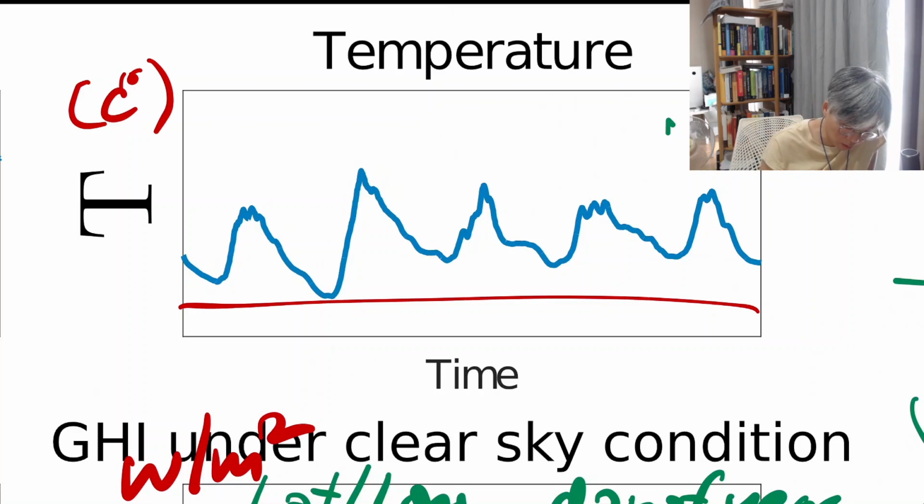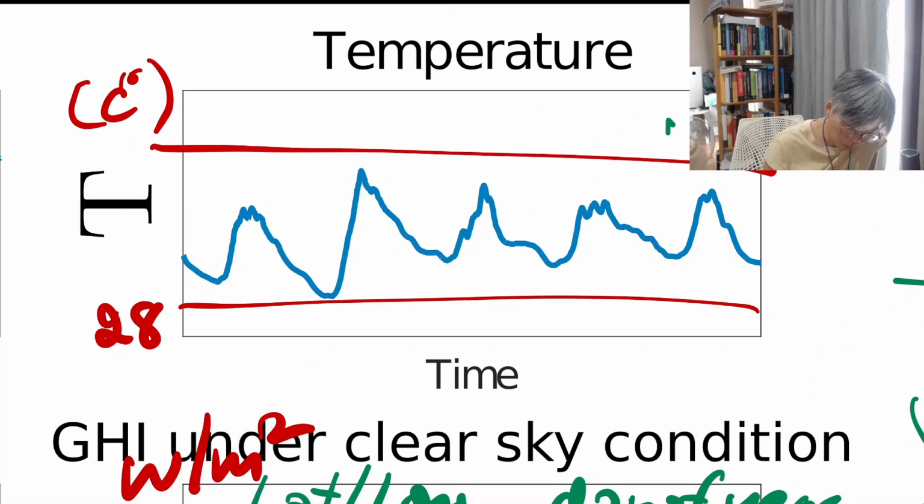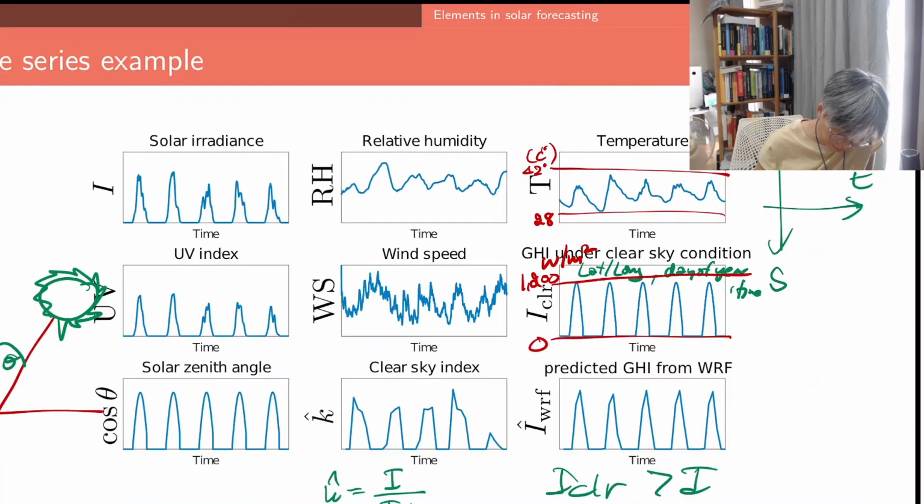Like in Bangkok, we have 20 something, like maybe 28, as the minimum range, and we can hit 40 something. This is some example in Bangkok. And of course, for other locations in Thailand, in the northern part, the temperature can be lower in some areas.